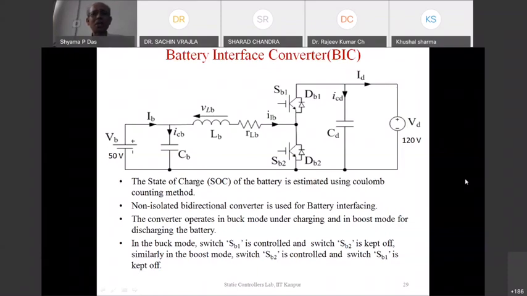When the battery has to be charged, SB2 is permanently off and SB1 is operated, and 120 volt is converted to 50 volt. So this operates in the buck mode. There are 2 modes of operation: boost mode for discharging and buck mode for charging. Here it is mentioned that the converter operates in buck mode under charging and in boost mode for discharging the battery. Next slide, please.